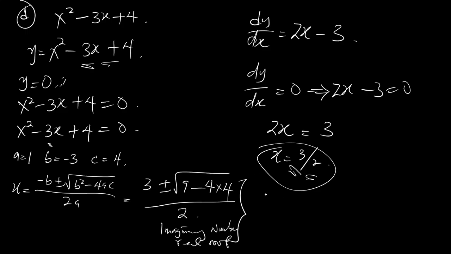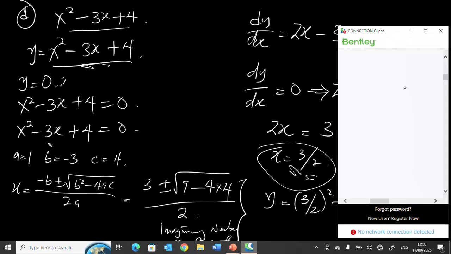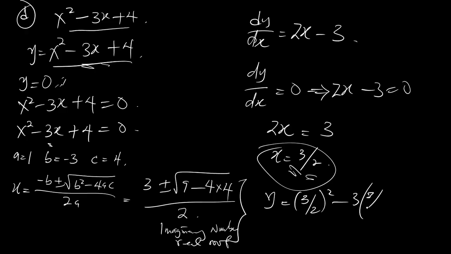Now at this point, what is your y? If you substitute x into this equation, we look for your y. So now y will be 3 over 2 squared minus 3 times 3 over 2 plus 4. So we have 9 all over 4 minus 9 all over 2 plus 4.